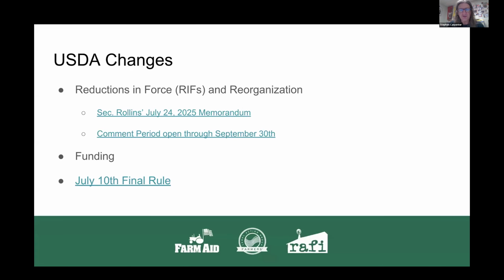What was issued on July 10th was a regulation, so it's one of these that has to be published in the Federal Register, which it was on July 10th. And it has the power of law. So if USDA or somebody else, for that matter, was to violate this regulation, they would actually be in violation of the law.